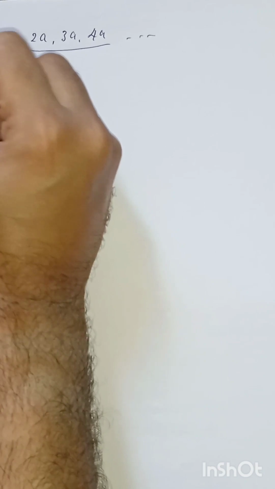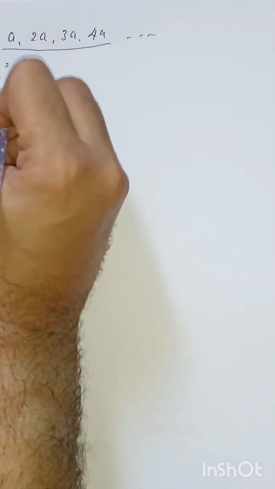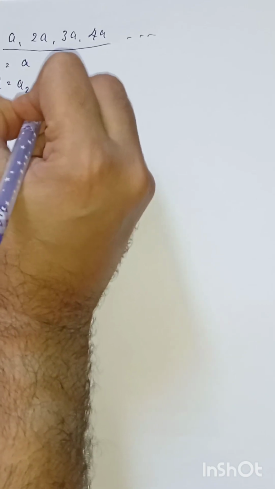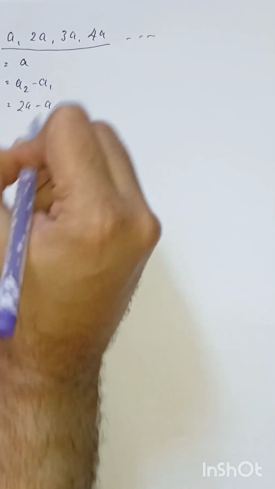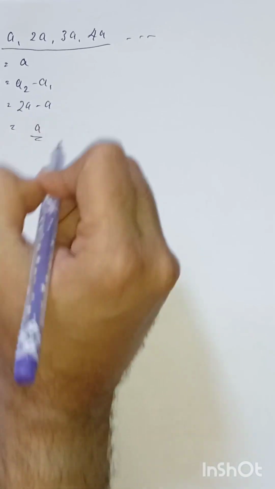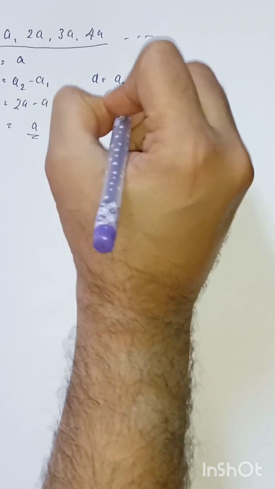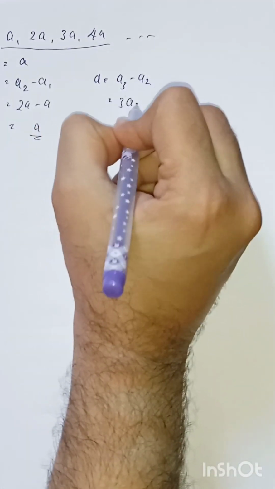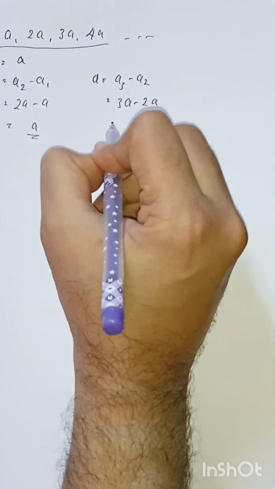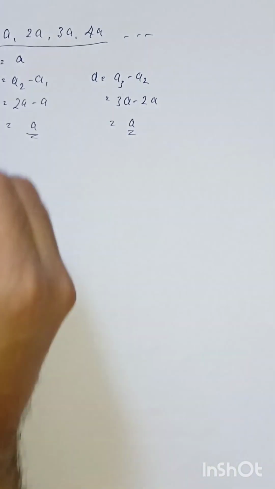The first term A1 is A. Now D equals A2 minus A1. What is A2? 2A minus A. We will get answer A as the common difference. Let's do next A3 minus A2. What is A3? 3A. A2 is 2A. 3A minus 2A means A. Here the common difference is same, it forms AP.